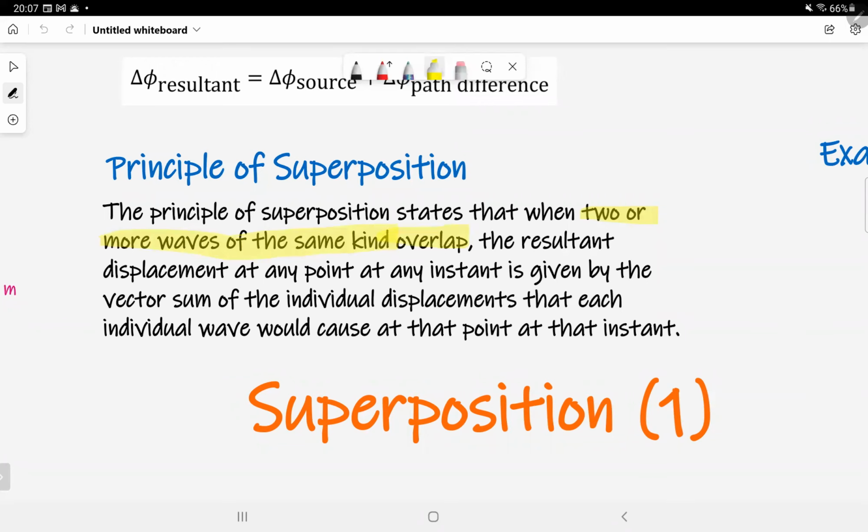First, same kind, overlap. Then something will happen. What is that thing happening? Superposition. Then what does this law tell you? It tells you how to find the resultant. So the resultant at any point, at any instant, is given by the vector sum of the individual displacements at that point, at that instant.